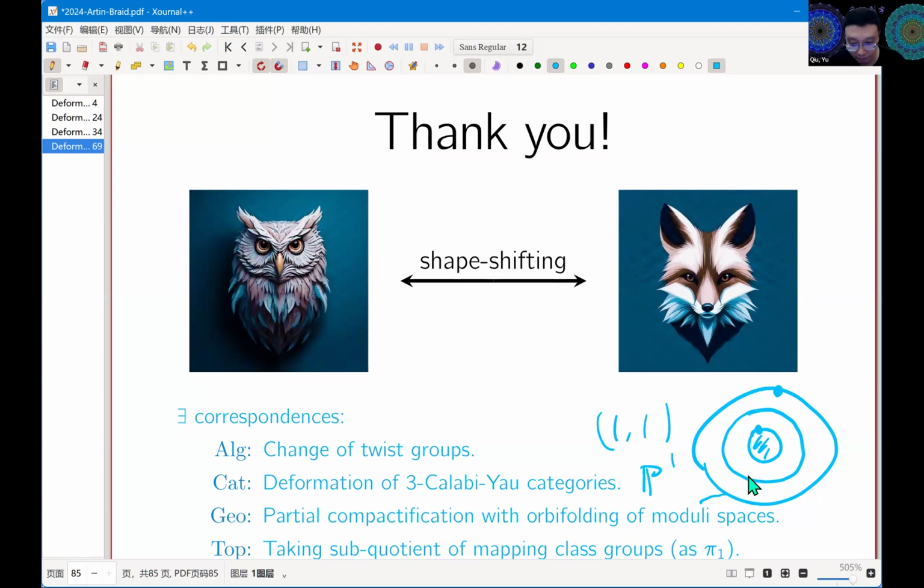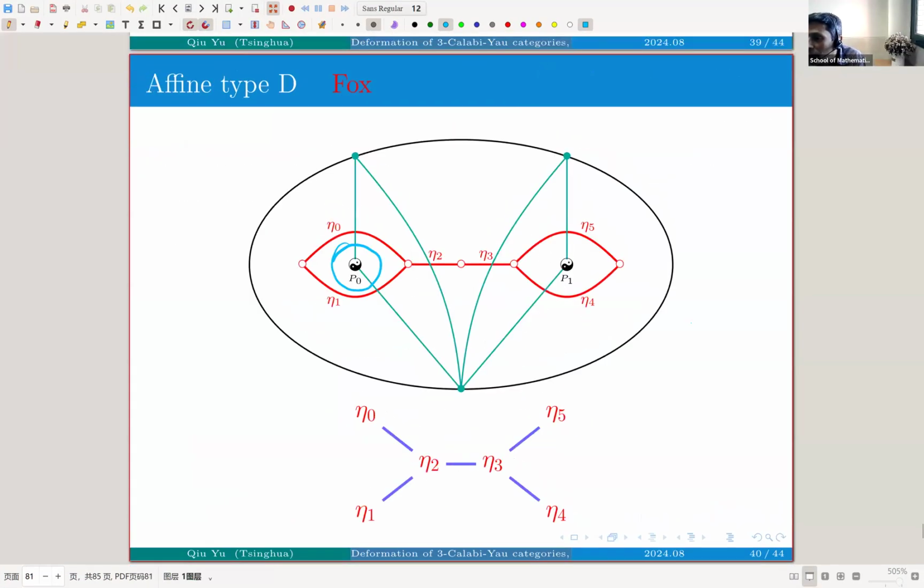Oh, thank you. And the other question is that in your theorems, at least in the examples, if you mutate a triangulation, then the corresponding fundamental groups will change. Maybe there is a mutation defined on fundamental groups in some sense?